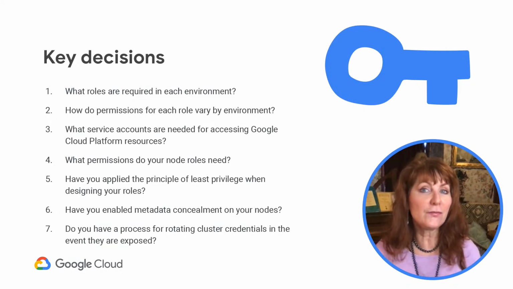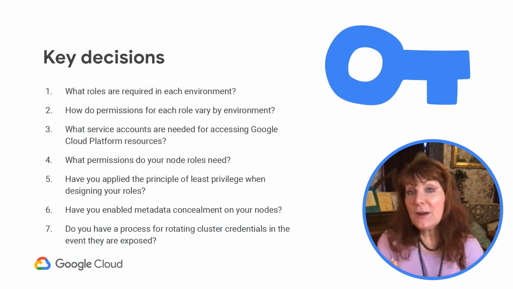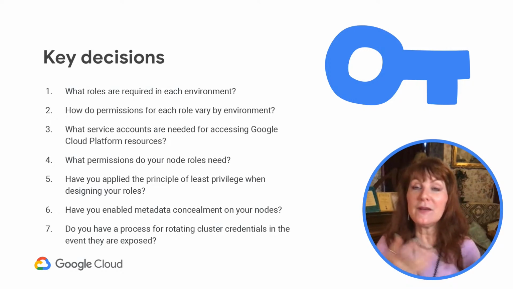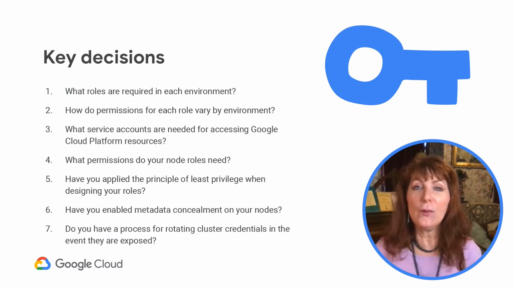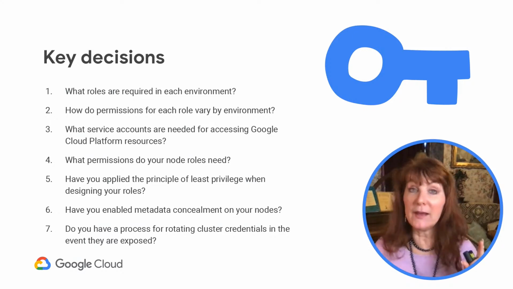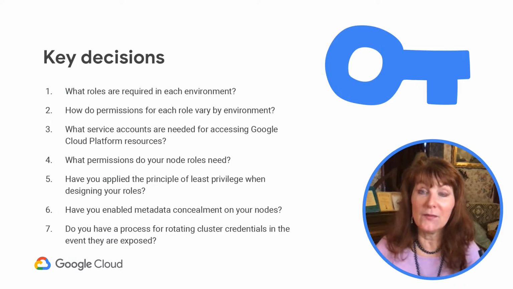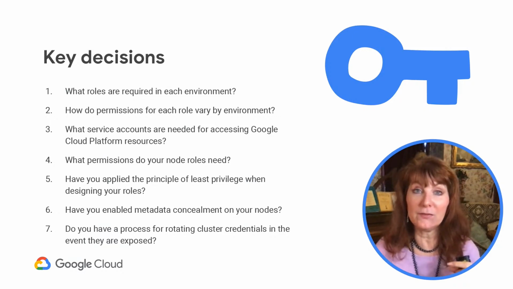How do permissions for each role vary by environment, you might ask? Well, in development, you can use broader roles and permissions, but in production, you should always use fine-grained permissions and one role per set of responsibilities. Therefore, you're assigning only the privileges needed for that responsibility.